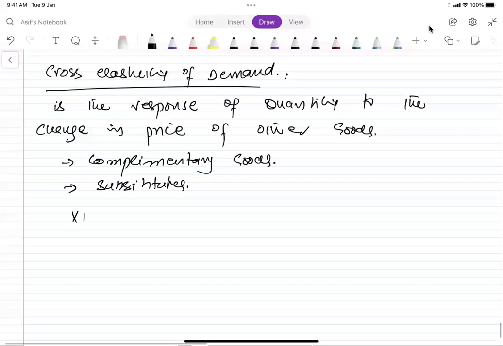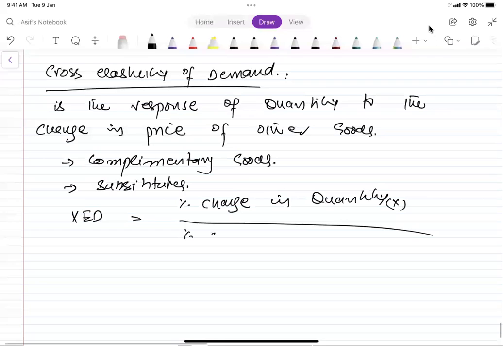Cross elasticity is shown by XCD. XCD will be equal to the percentage change in quantity of product X, for example, divided by the percentage change in the price of good Y, for example. Good Y means a substitute product or a complementary product.